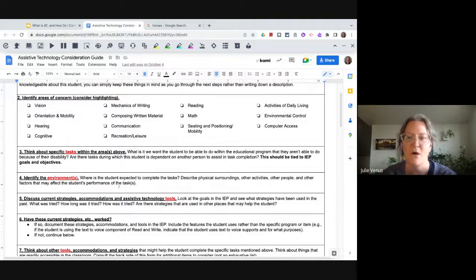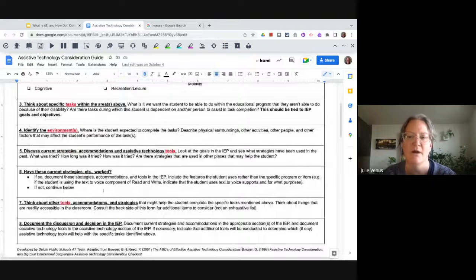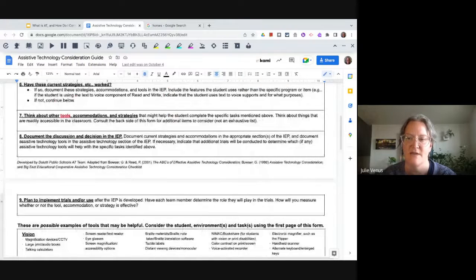in question four, and then not until question five do we really get down into the tools, like what is currently being used, have they worked, what other tools could be used, and then documentation of that in the IEP.